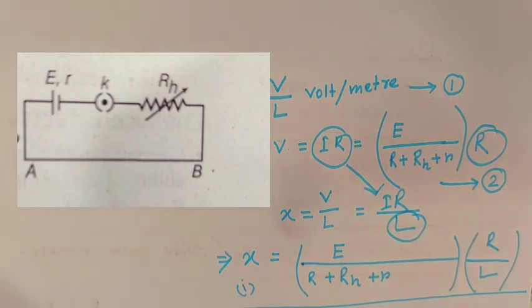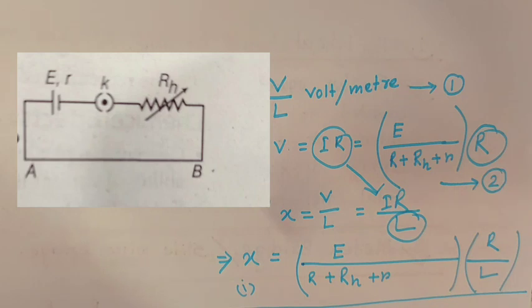Now listen carefully. You have to remember what is the sensitivity of a potentiometer. A potentiometer is said to be more sensitive if it measures a small potential difference more accurately.